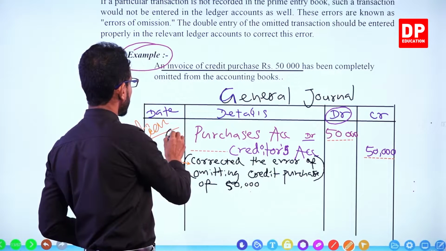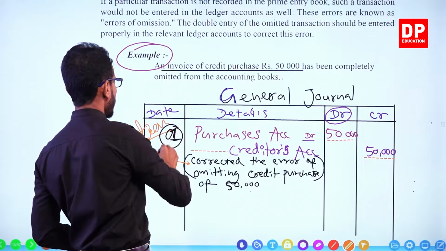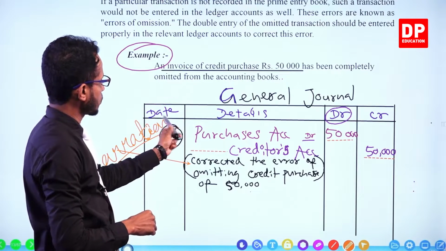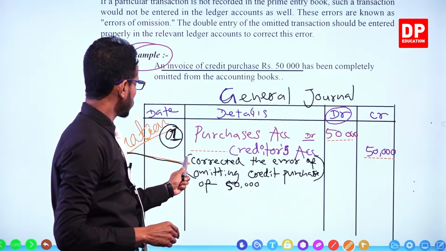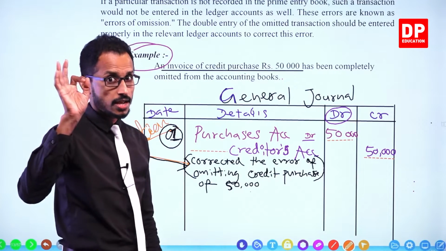So this is error number 1. We corrected one error in this manner, and we wrote a narration in this manner, and it's done.